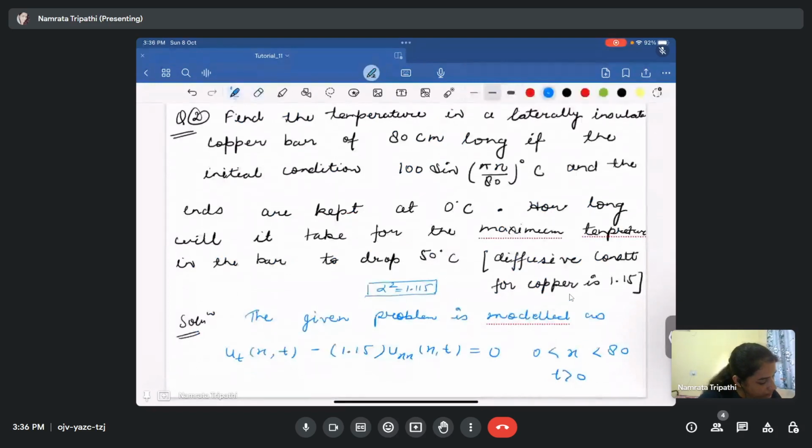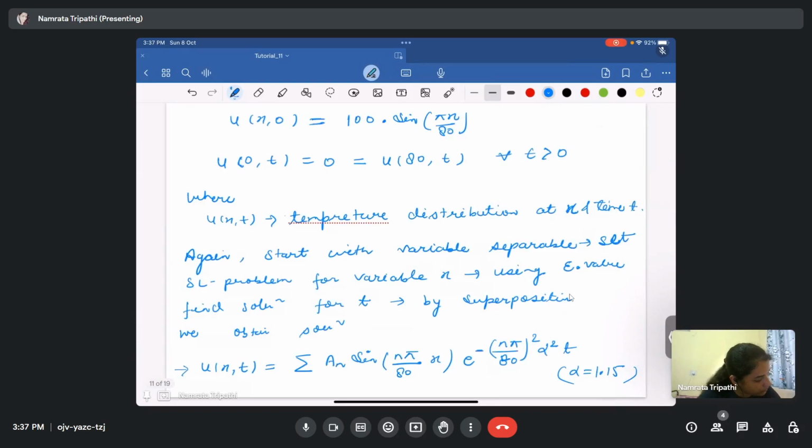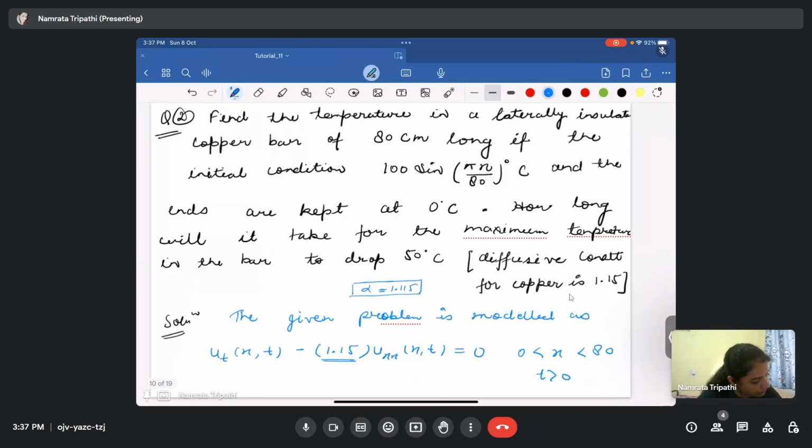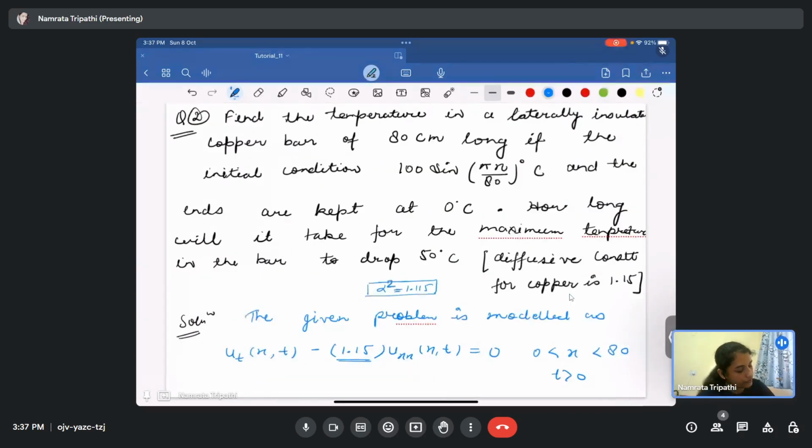Sorry, this is alpha, not alpha square. No, this is alpha square. Diffusive coefficient, whatever you can take, c or c square, alpha or alpha square, because it is a constant value and you have given 1.15.